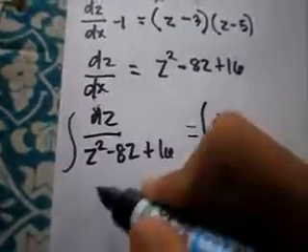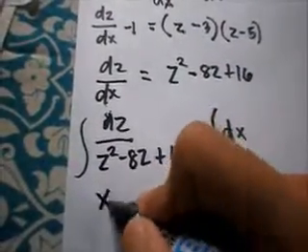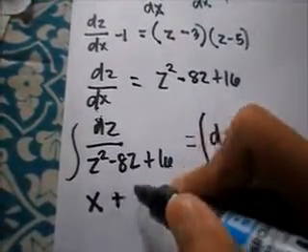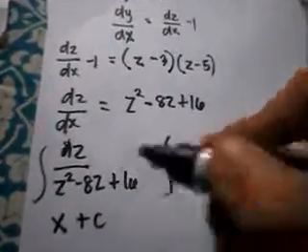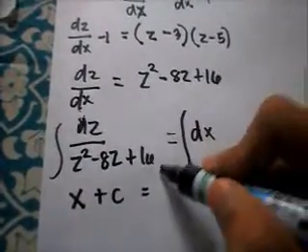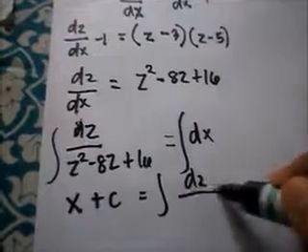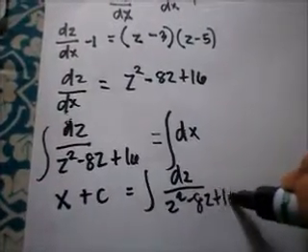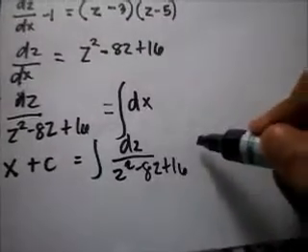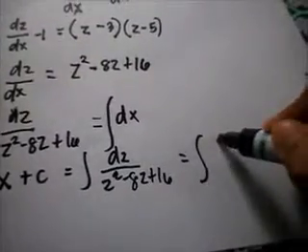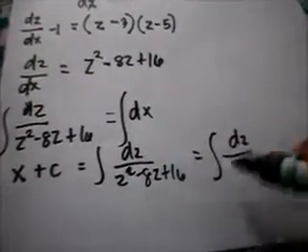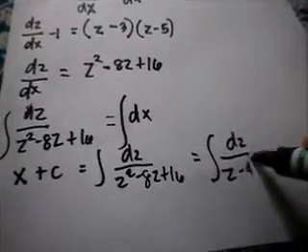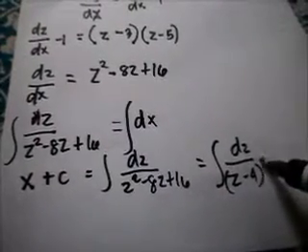So we have x plus c equal to the integral of dz over z squared minus 8z plus 16, and this one is factorable. We have z minus 4 squared.